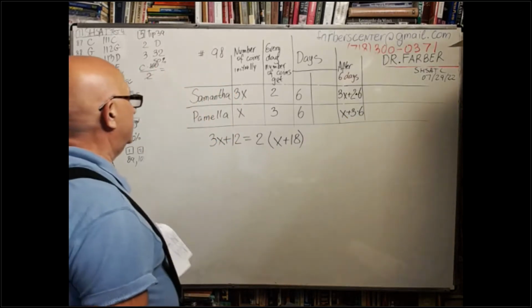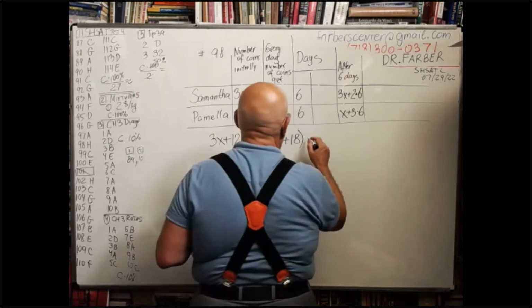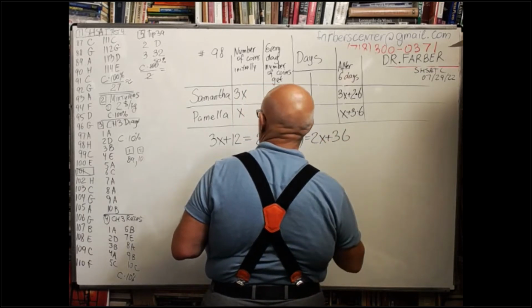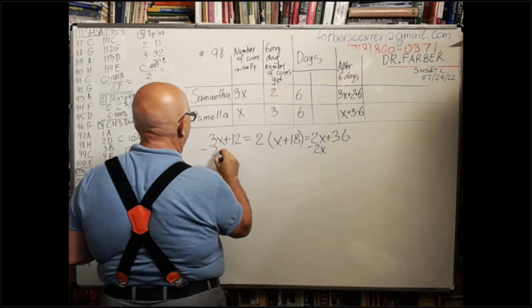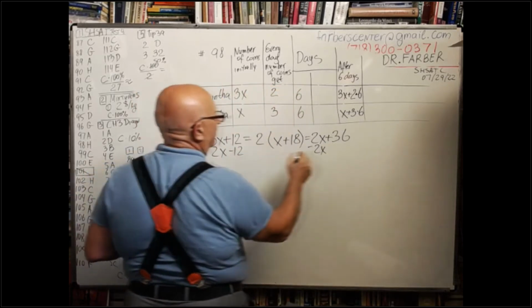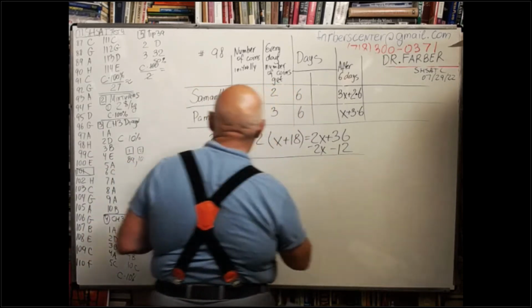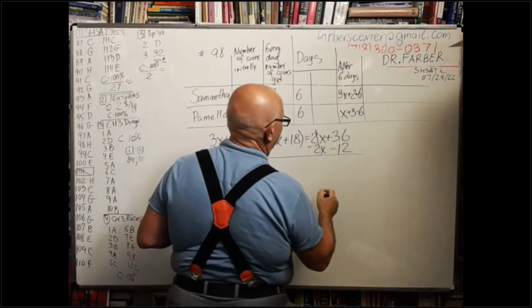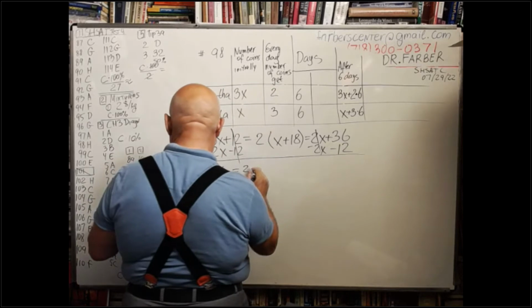Well, solve this equation. It's the same as 2x plus 36, minus 2x, minus 2x, minus 12 and minus 12. You can easily get what? X cancels out, equals 24. X equals 24.